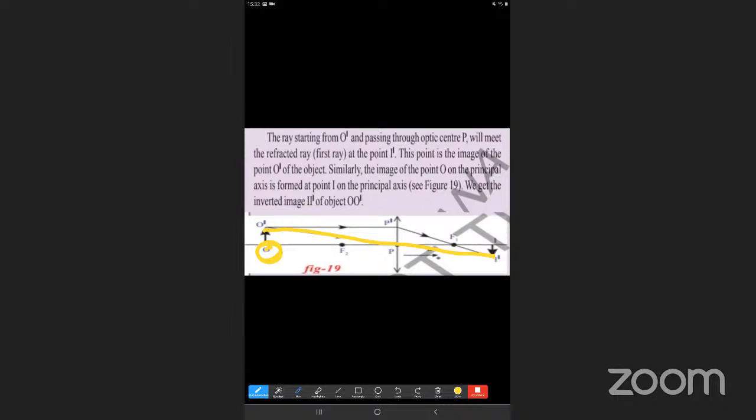So we get the inverted image I dash of the object O dash, and the size of the image is decreased, diminished.